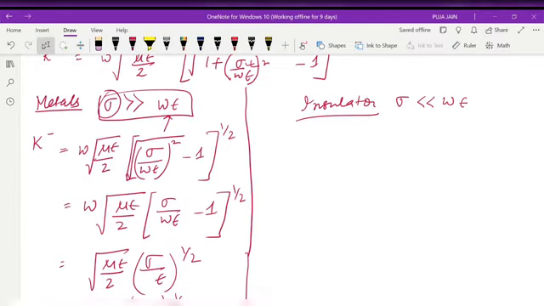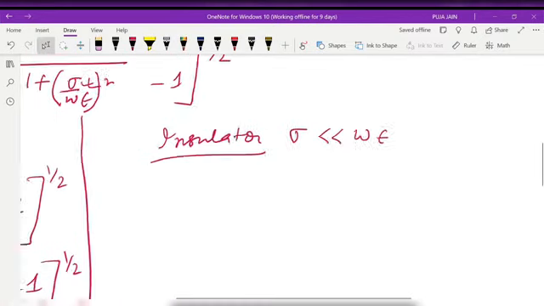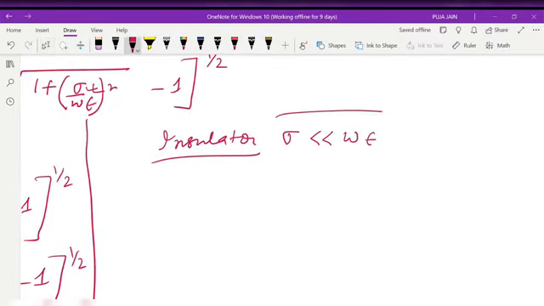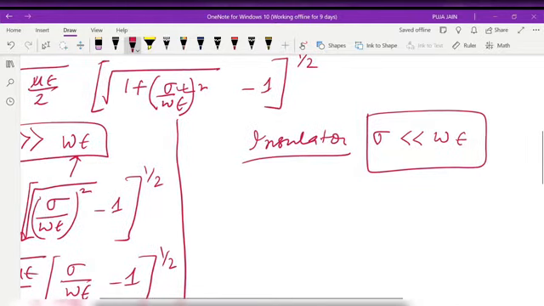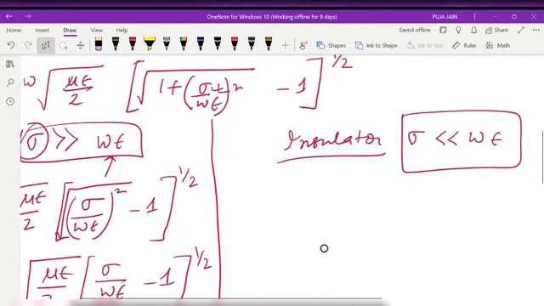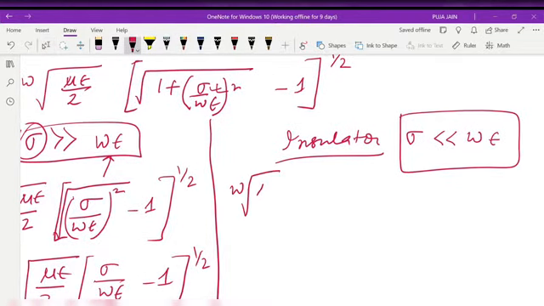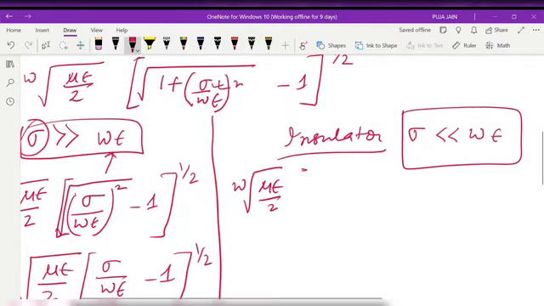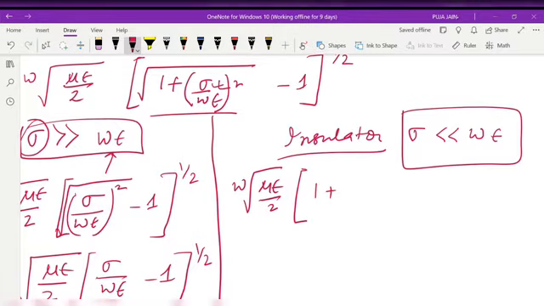So for insulator, you see our sigma is much less than omega epsilon. So we have to do binomial expansion then. So our term is omega root mu epsilon by 2. This will be as it is. This we will do binomial expansion. If we do binomial expansion of this and neglect the higher order terms, we will get omega epsilon.